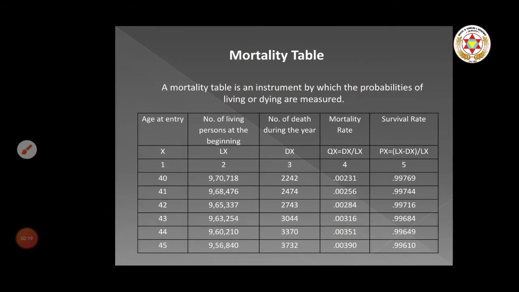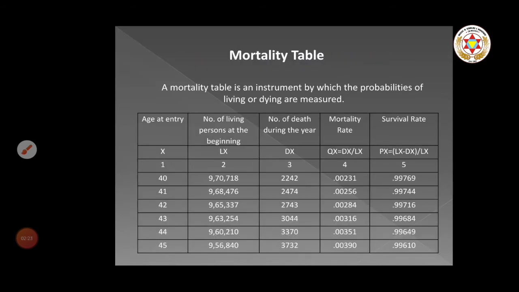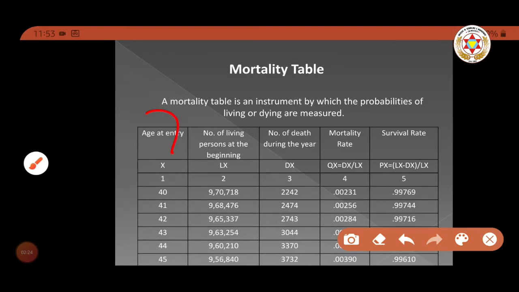Now I have to calculate the mortality rate first of all. So how do I calculate the mortality rate? It is 2242 upon the total number of persons at the beginning, 970718, right? So it comes to 0.00231.